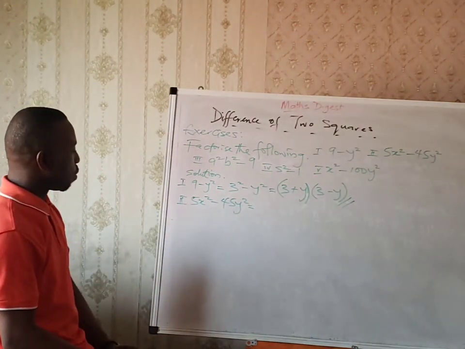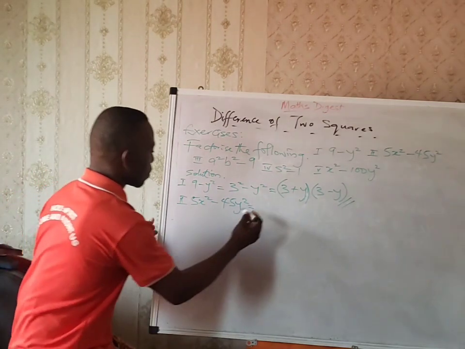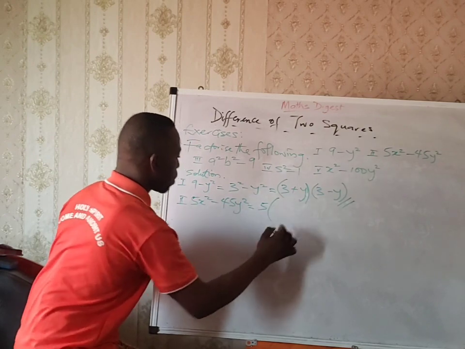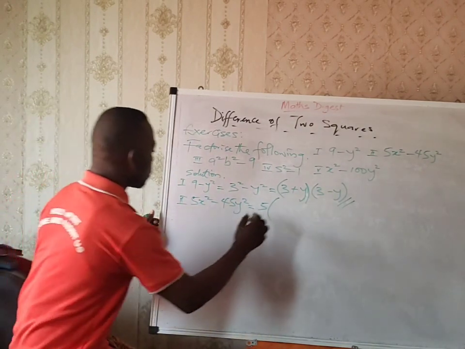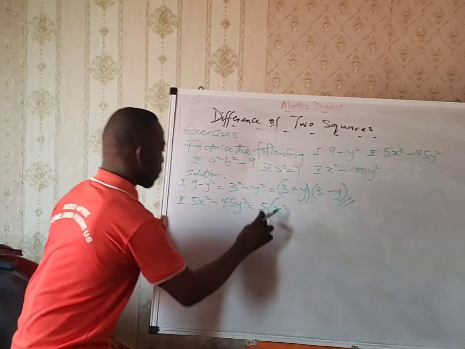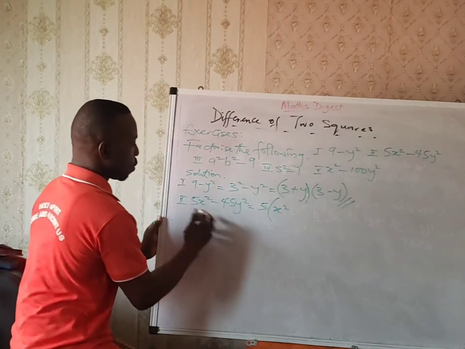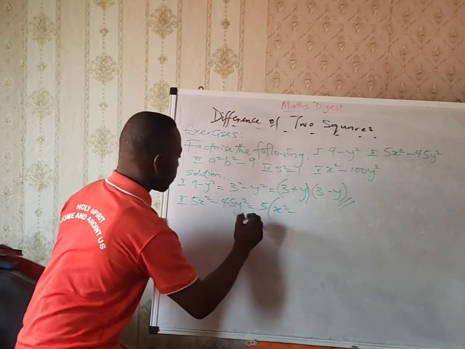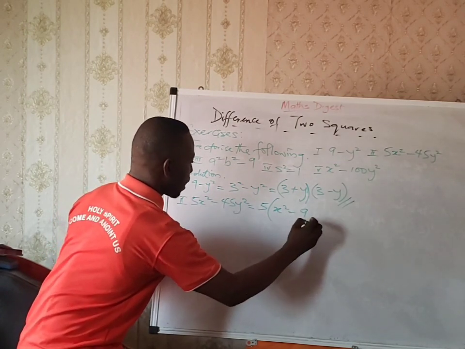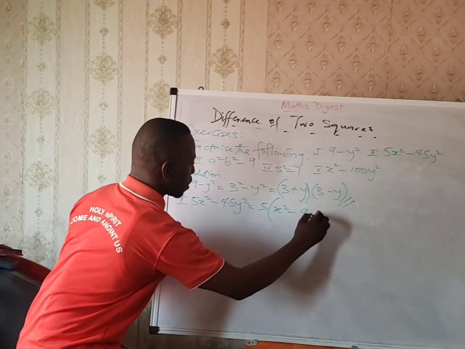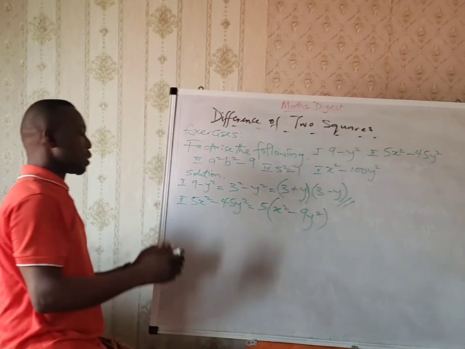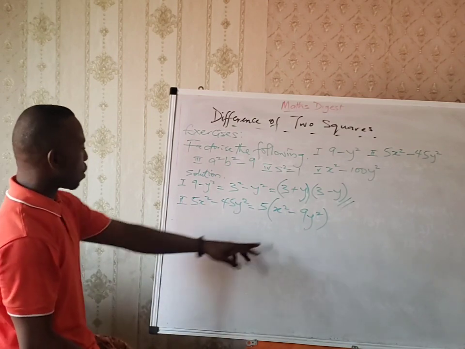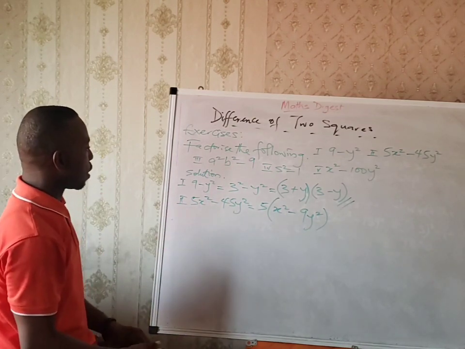What we do is we factorize it first by finding the common factor among these two, and this is 5. 5 into this place will give you x squared, because the 5 cancels, and we are left with the variable x squared. Then minus 5 into this place, we have 9y squared. We are not good to go yet.